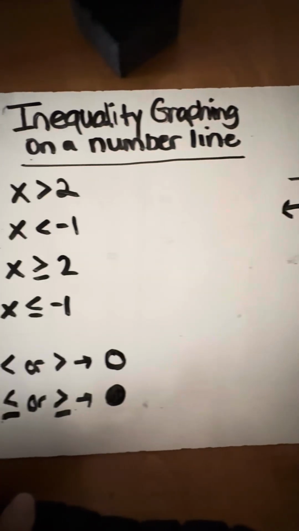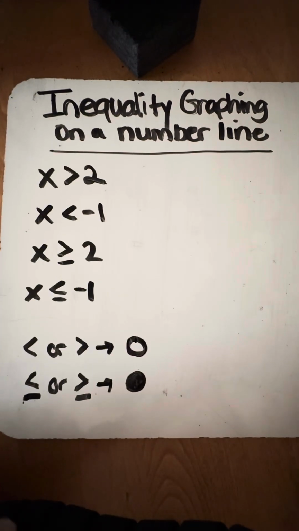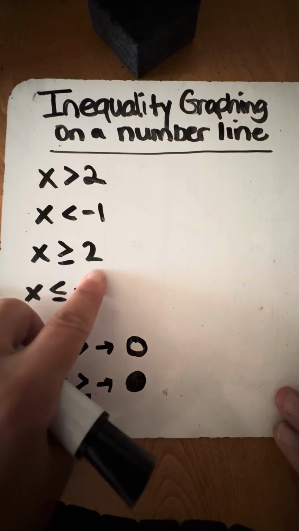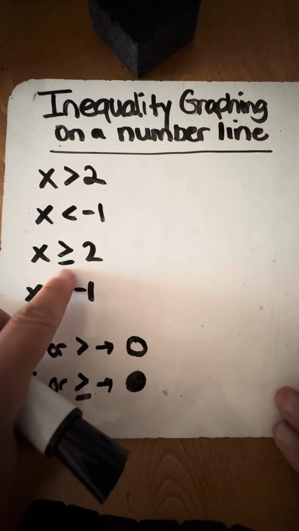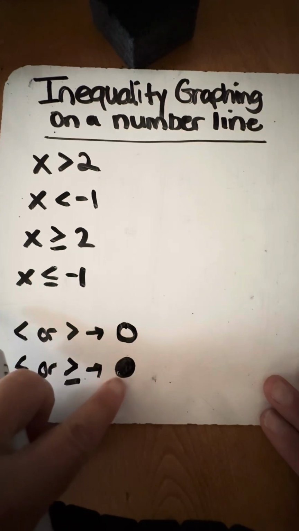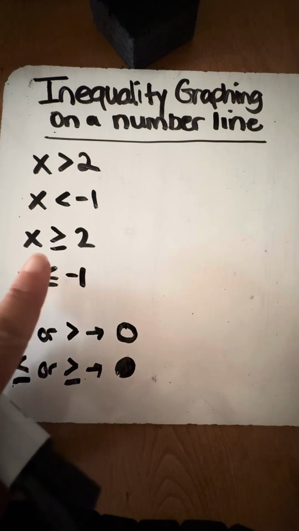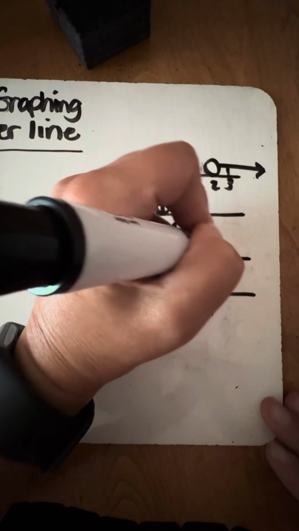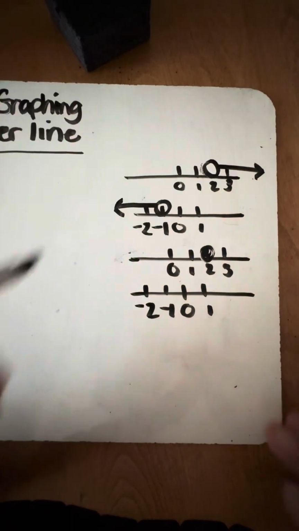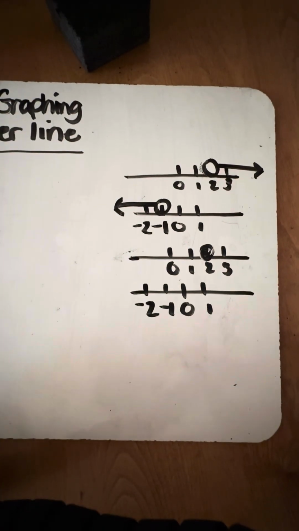Now when we look at the other 2, x is greater than or equal to 2. So now it can be equal to it. So that means I'm going to put a closed circle on it. So I'm going to go to 2, put a closed circle. So here's going to be a nice filled in circle. And then x is greater than 2.